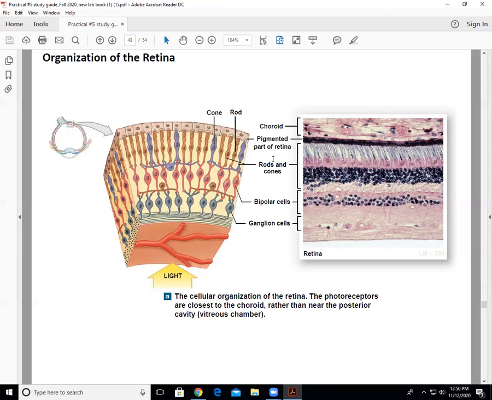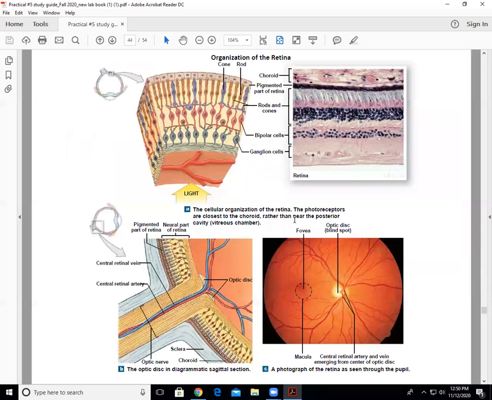Again, up here you've got the choroid. You've got your layer of rods and cones, your bipolar cells, and your ganglion cells. And you see the central retinal artery and vein, optic nerve, sclera, choroid, and then your retina.